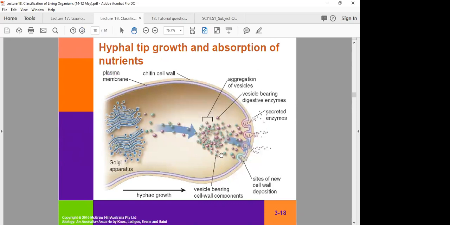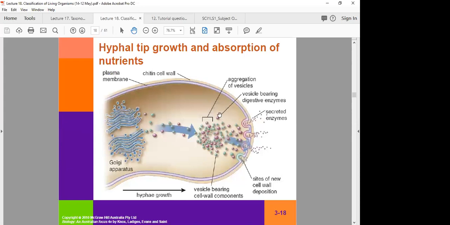And let's see where they're heading. So if we follow these green ones here, here's a vesicle that's fused with the plasma membrane. It deposits its contents into this region between the plasma membrane and the cell wall, and those vesicle contents are incorporated into that newly formed cell wall here on the outside.